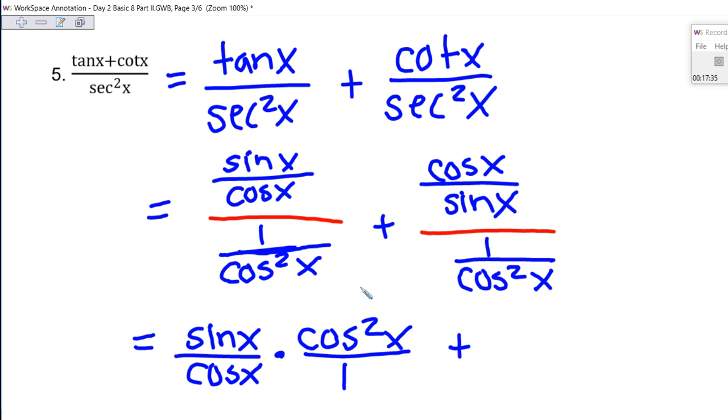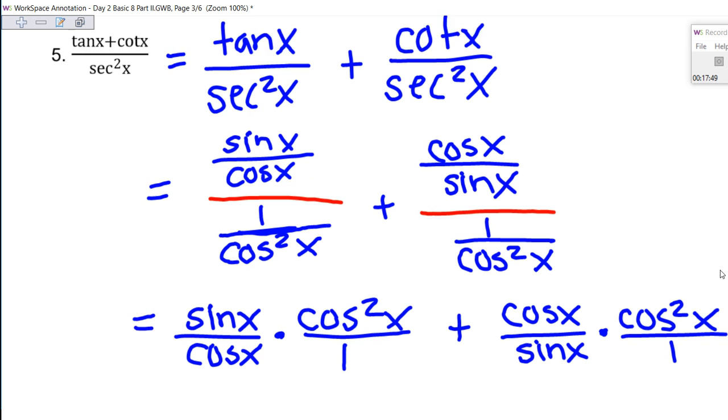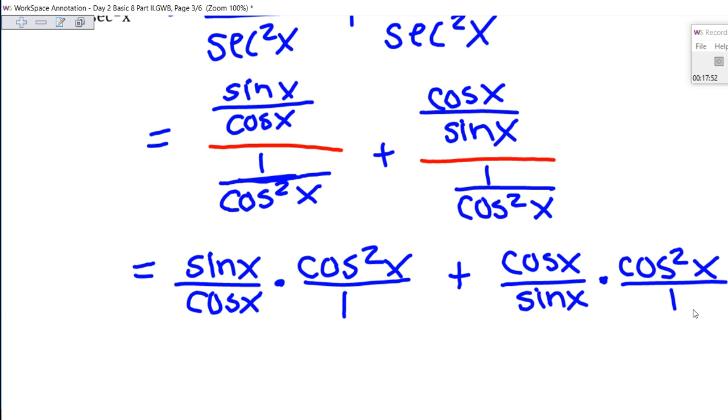The second fraction, cosine of x over sine of x, needs to be multiplied by the reciprocal, which is cosine squared of x over 1. Now, we do have things that cancel. Cosine of x in the denominator will cancel with only one factor in the numerator.